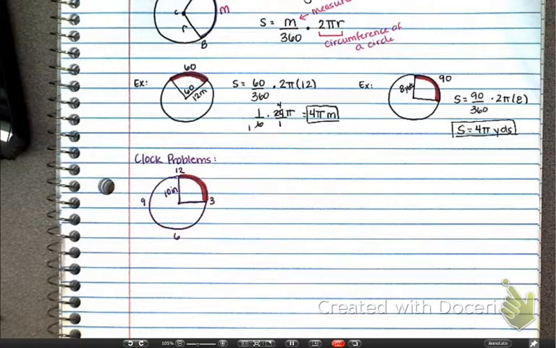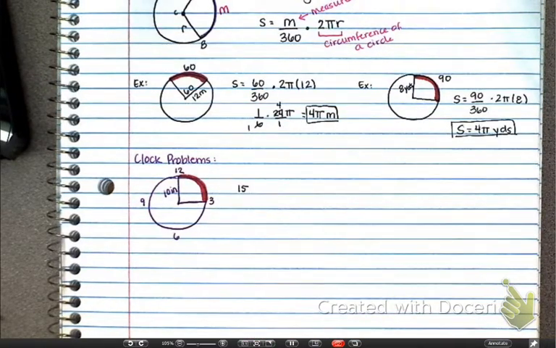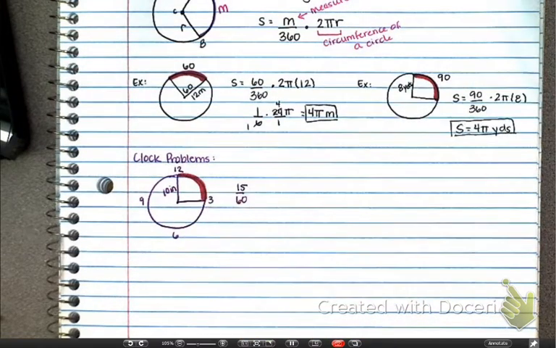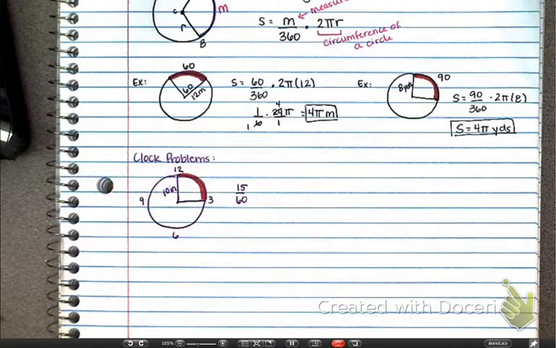Now, we won't always be able to see that, so let me show you how we find it. How many minutes have passed? 15 minutes, right? And how many minutes are in an hour? 60. So this is how I find the degrees if I can't easily see it. There's 15 minutes that have passed in that total hour.